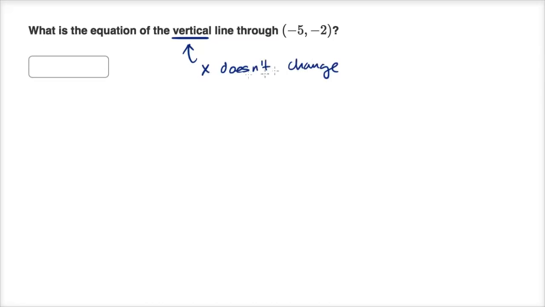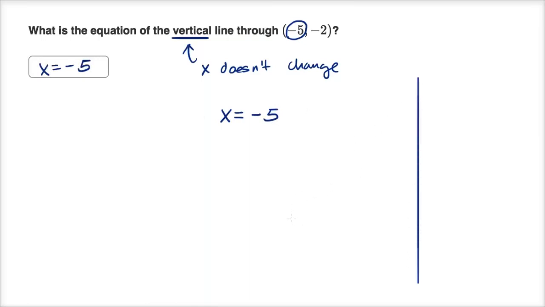So if x doesn't change, that means that x is just going to be equal to some constant value. Well, if it contains the point -5, -2, so if it has the point where x is equal to -5, and if x never changes, it's a vertical line, well, that means this equation has to be x is equal to -5.